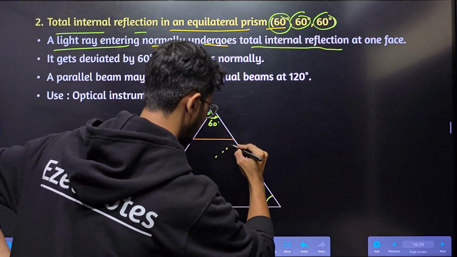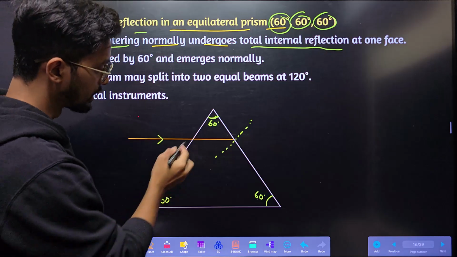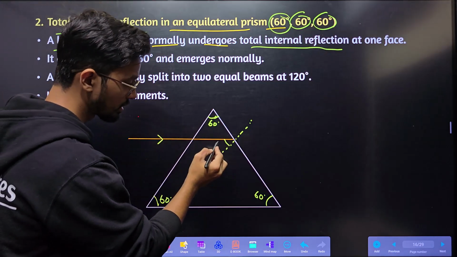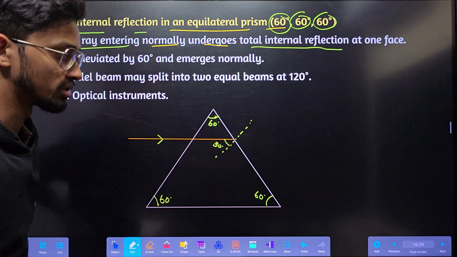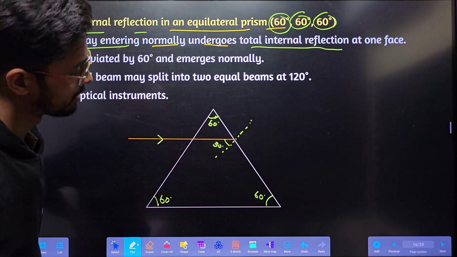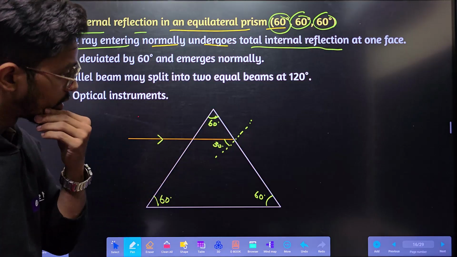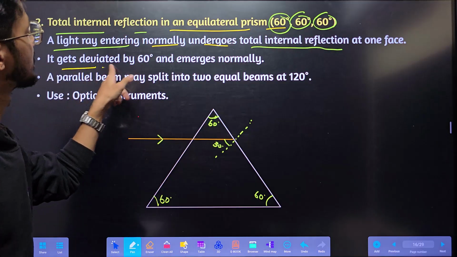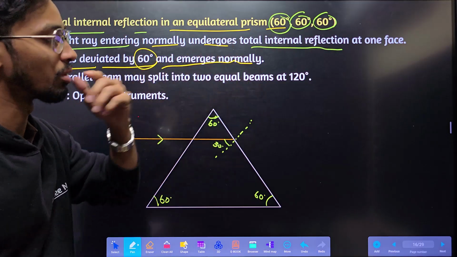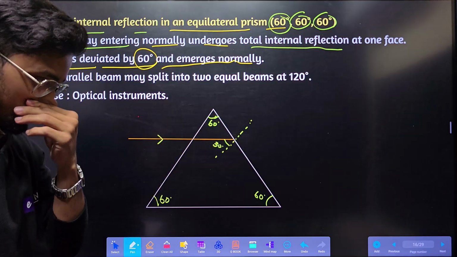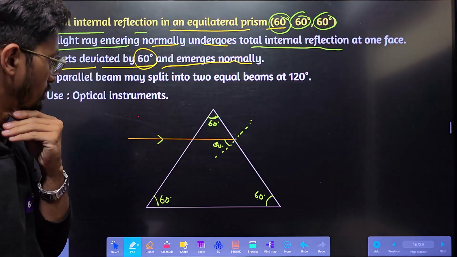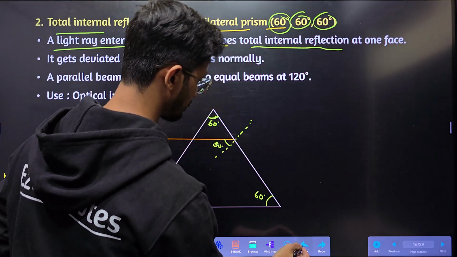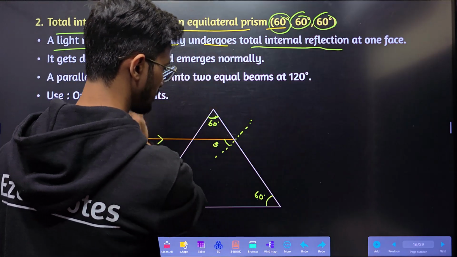So this angle, this is 60, this is 60, this is 60, right? So this will be 30 degrees. Now, will it get deviated, internally reflected? It gets deviated by 60 degrees and emerges normally. It's entering normally, right? Sorry, my bad. It was entering normal.